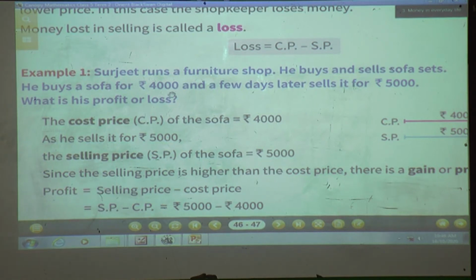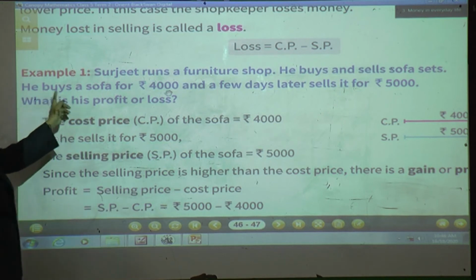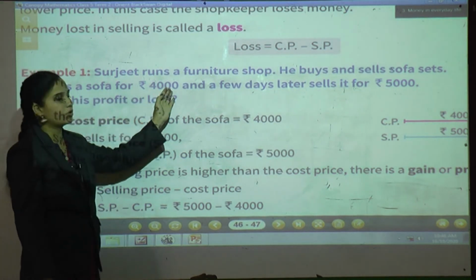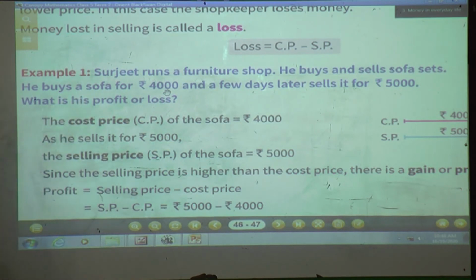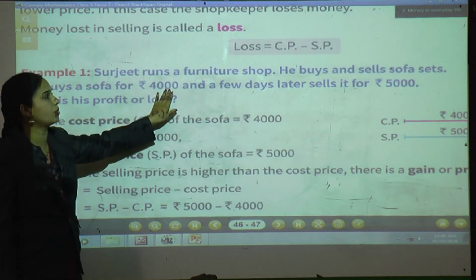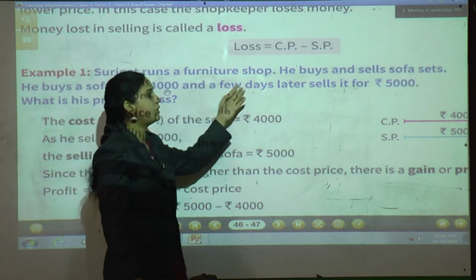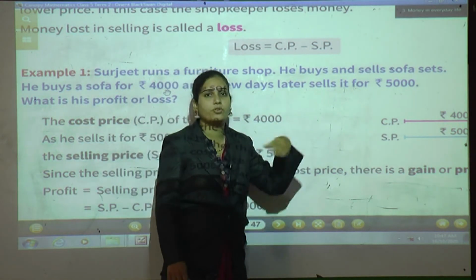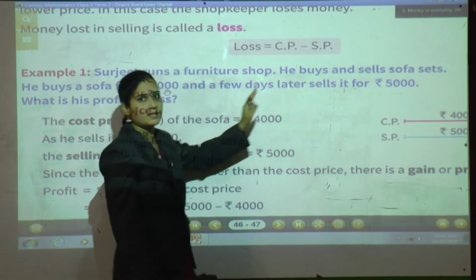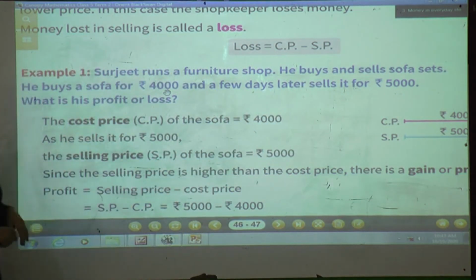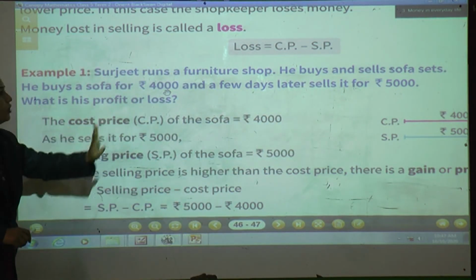See students, here he buys a sofa for rupees 4,000. Just now I told you that the price at which something is bought is called CP. So here CP is 4,000, and a few days later he sells it for rupees 5,000. Sells, that means it is a selling price. Now what is his profit or loss?